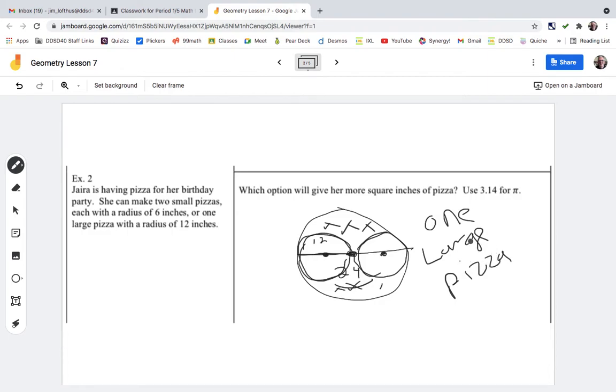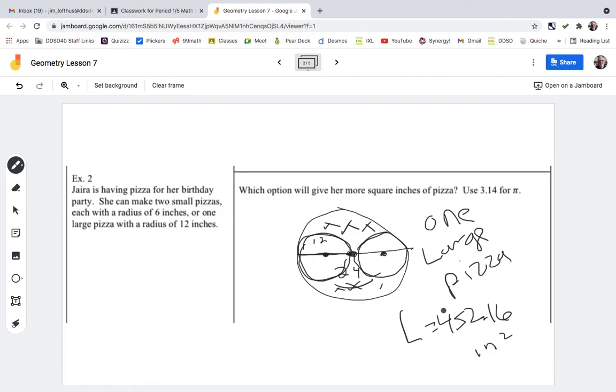Hopefully you came out with the same conclusion that the large pizza, I'll just do it real quick, 12 times 12 times 3.14. The large was 452.16 inches square.